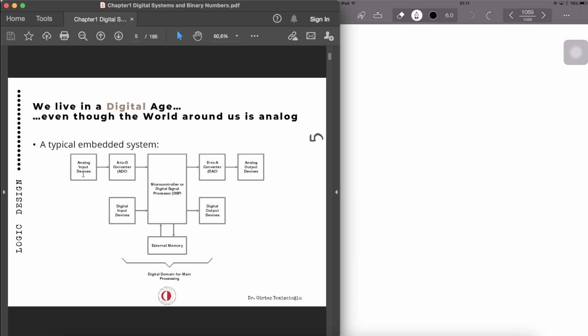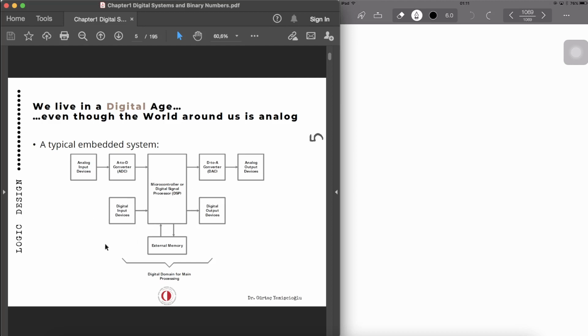We have to use those analog inputs and convert them to digital using analog to digital converters. Then this is our brain, which is a microcontroller or a microprocessor or digital signal processor, that performs some operations on the data. Maybe we can keep it in the memory, or we can send it somewhere else as a digital output, and so on.